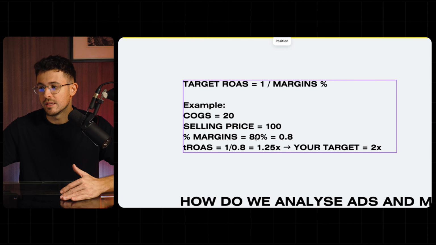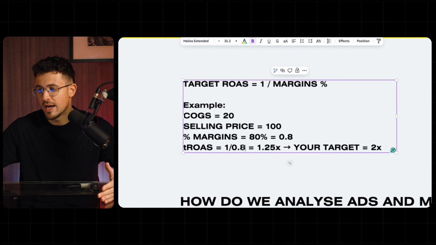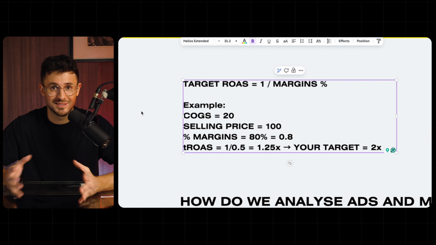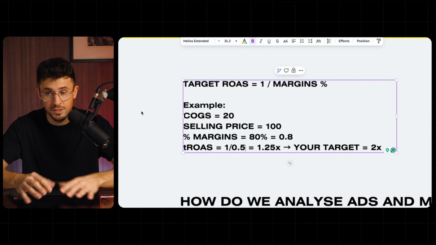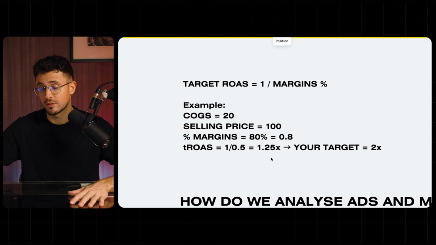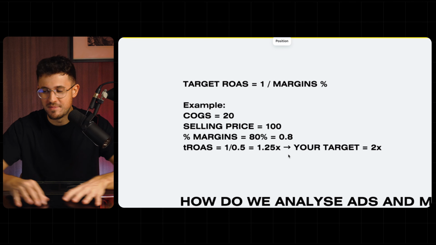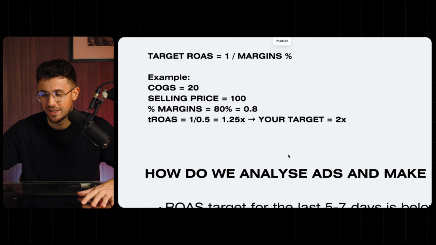Let's say this is 30%, just to make it simple. So 1 divided by 0.5, which is 80% minus the 30% that you have as a target in terms of gross margin that you want to make. You're going to have a target ROAS of 2. Your break-even is still 1.25, but your target is 2x. Cool. Now you know your numbers, and you can actually move on with the analysis phase.